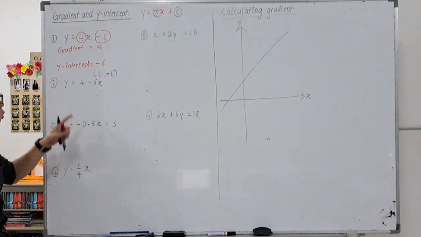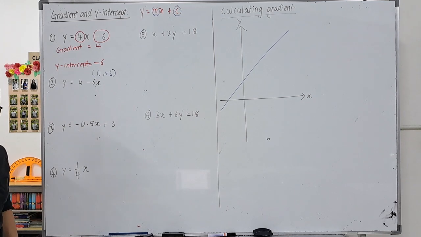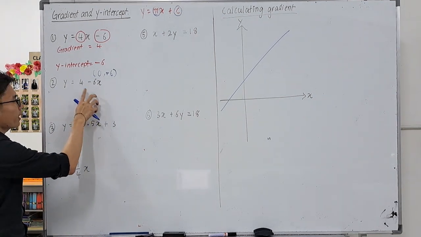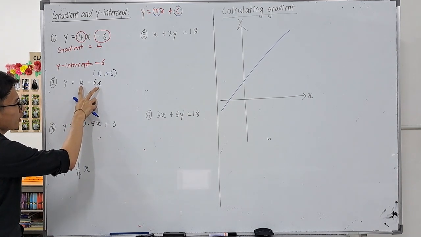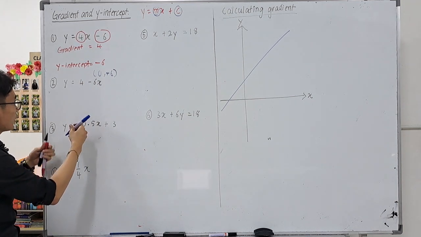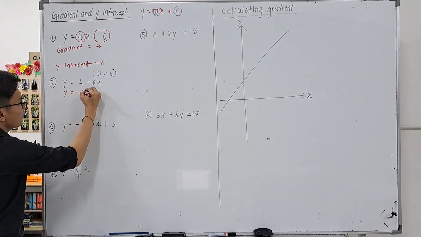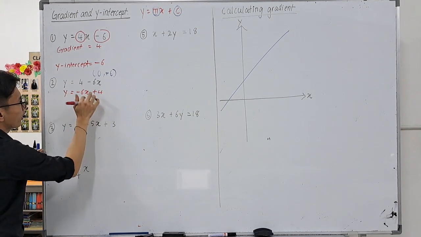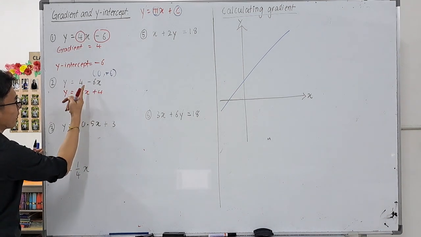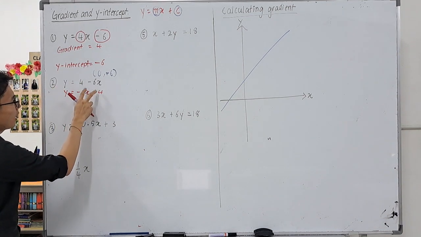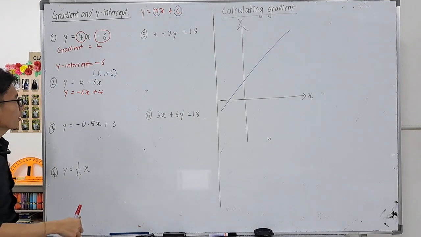Second, let's see, y equals 4 minus 6x. Now again, if you notice, the x term and the y-intercept have been misplaced, so I can rearrange this: y equals negative 6x plus 4. I just swap these two, but I did not move them across the equal sign, so their original signs remain, correct?